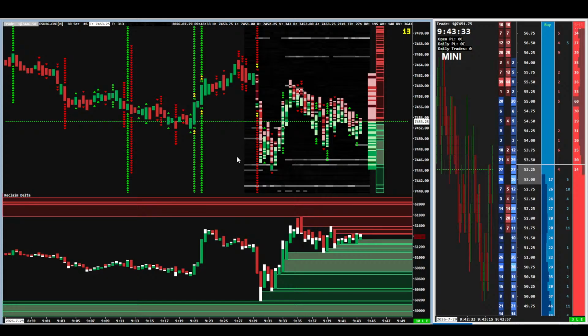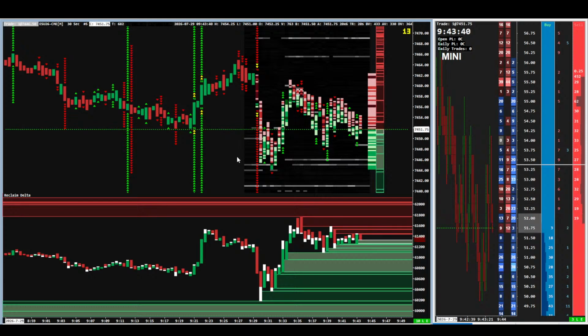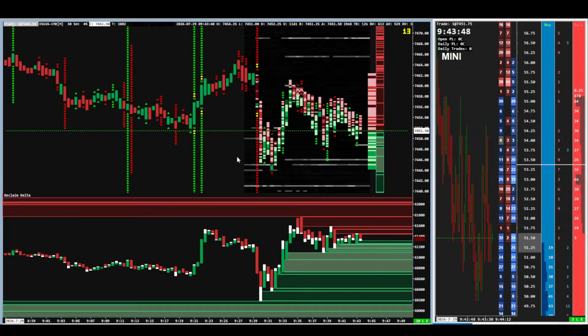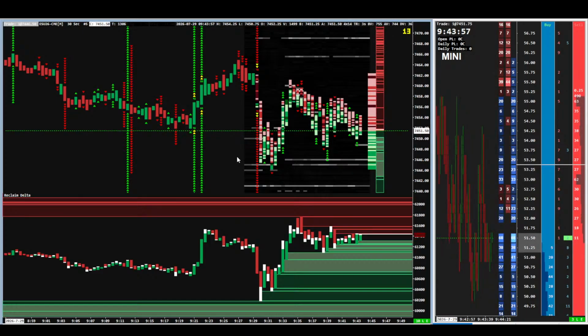There's like these little green spikes that keep coming in. There's some buying, just fresh buying over here in the stock weight. Which oddly enough, they're denying pushing up through that.